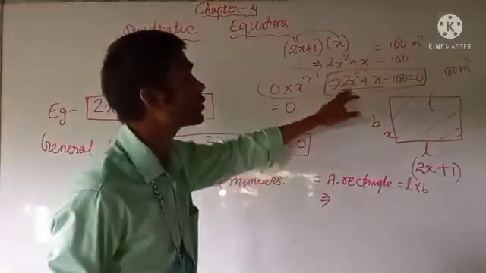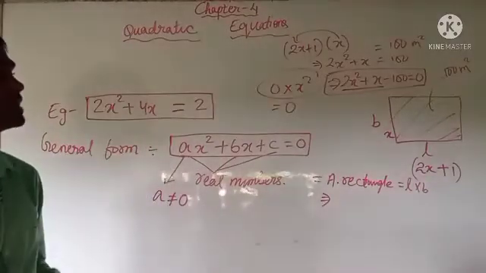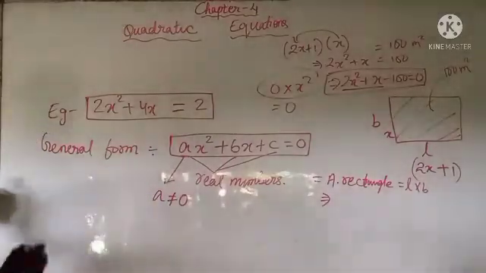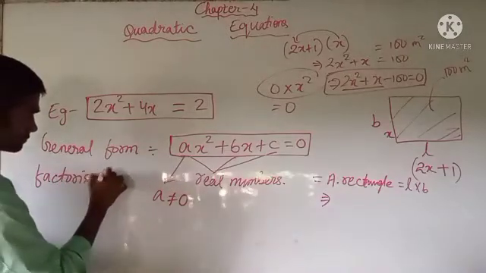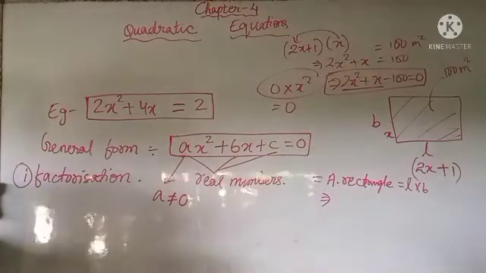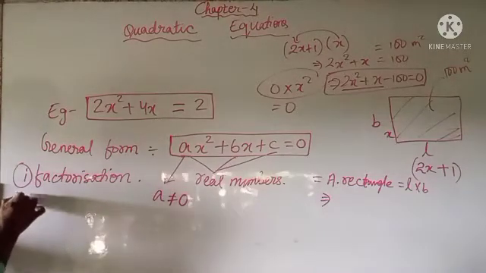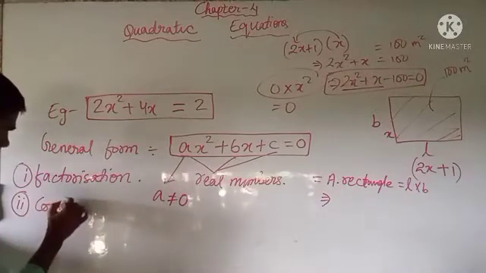But in our later exercises we will see how to solve this and find the values, first by the factorization method. The next thing that we will come across is the completing the square method.